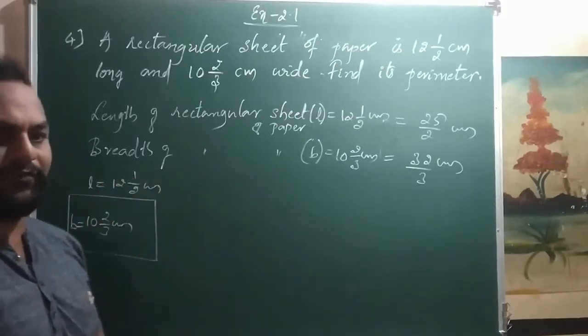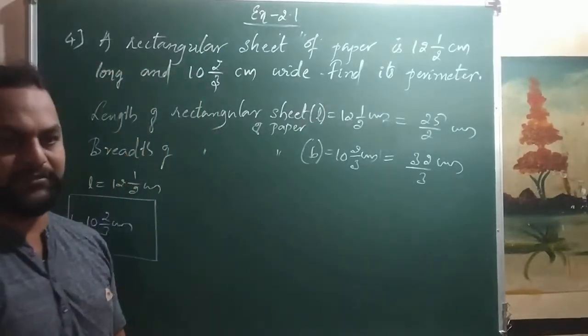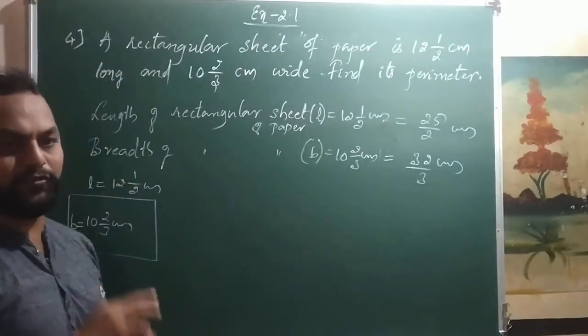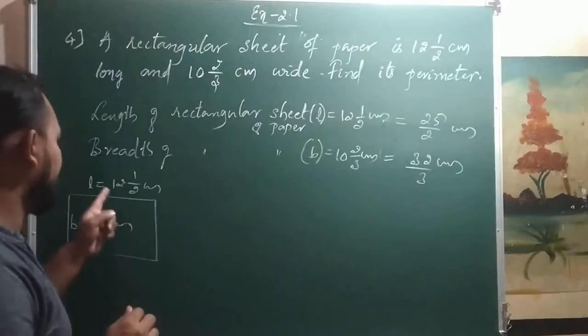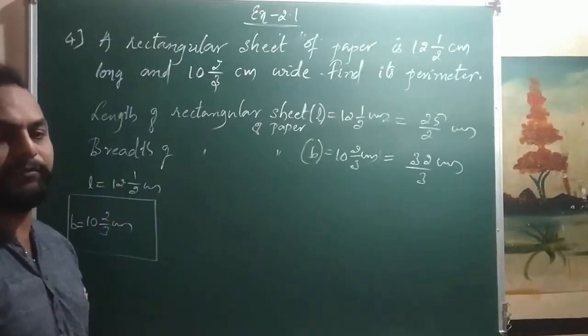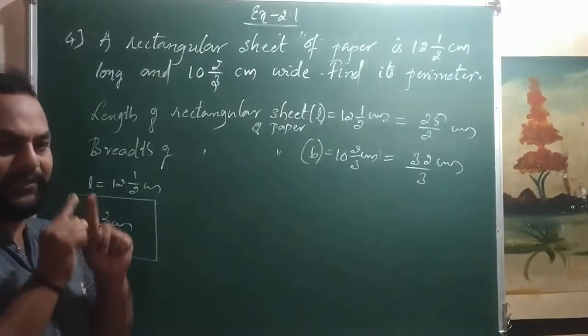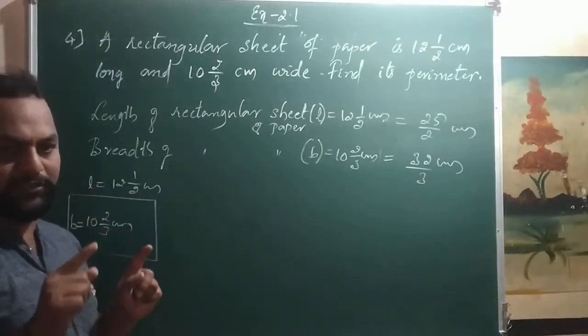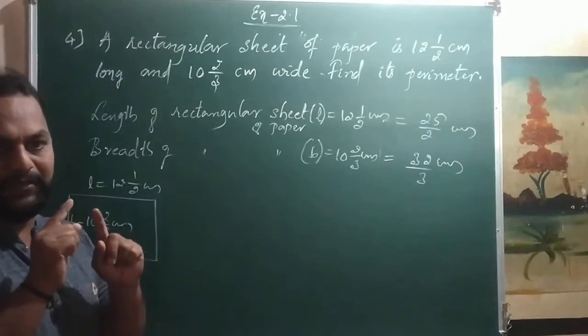The perimeter of a rectangle is the total sum of the lengths of all its sides: length plus breadth plus length plus breadth. The perimeter is the boundary along the closed figure.